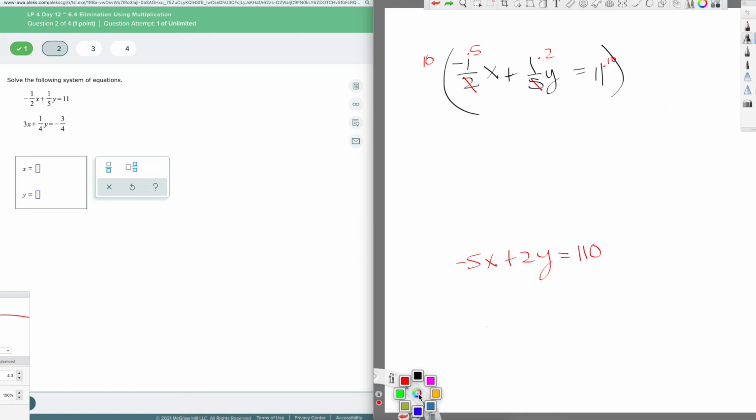All right, so the second one, we're going to do the same thing. We want to eliminate those fractions because again, it just makes things a little easier to look at. Since both denominators are 4, we're going to multiply everything by 4 because that will eliminate these.